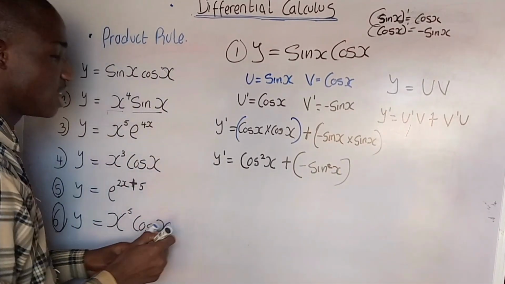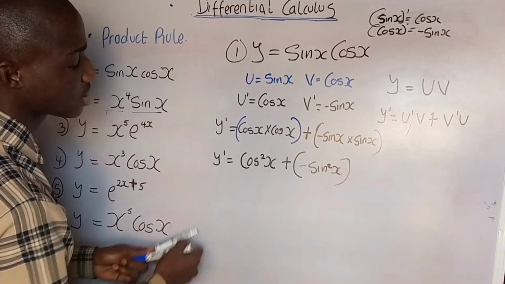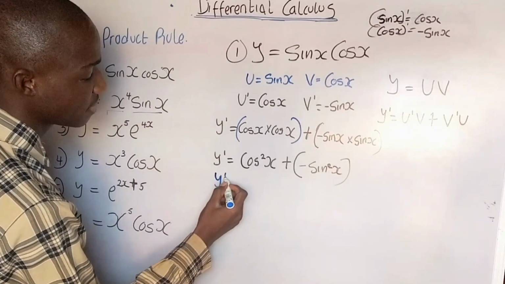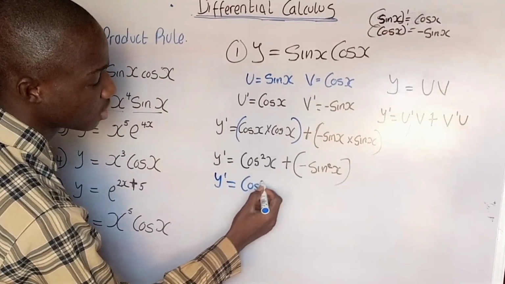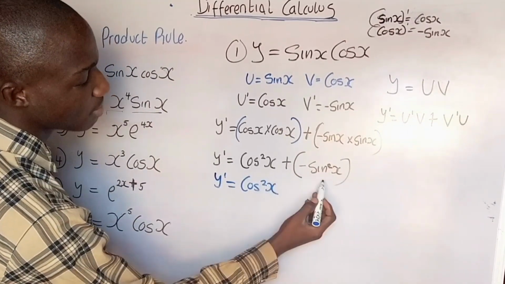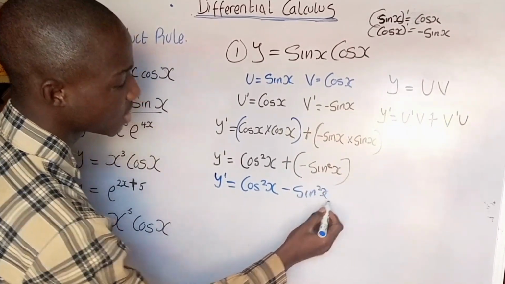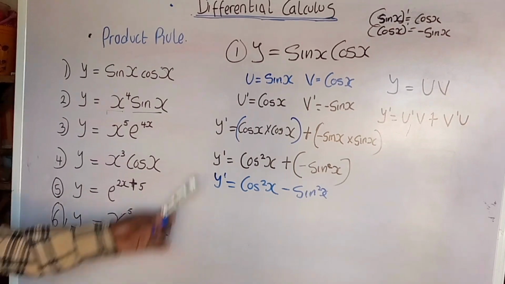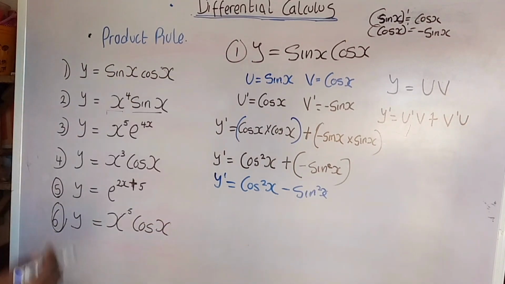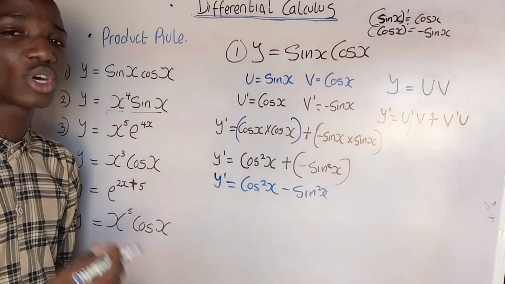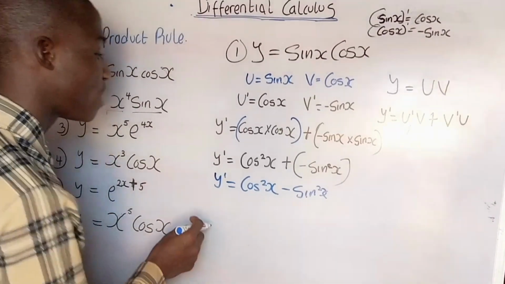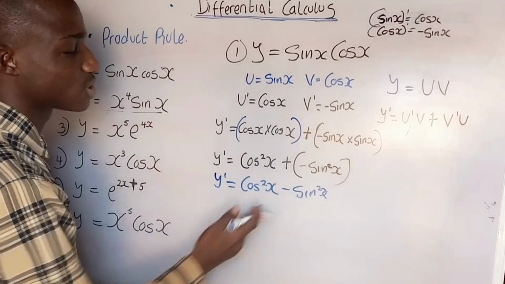So in that case, if I open the bracket using plus multiplied by minus, I'm going to have the derivative of y now becomes cos square x plus times minus, that is minus sine square x. So the derivative of y is equal to sine x cos x using the product rule of differential calculus is given by cos square x minus sine square x.